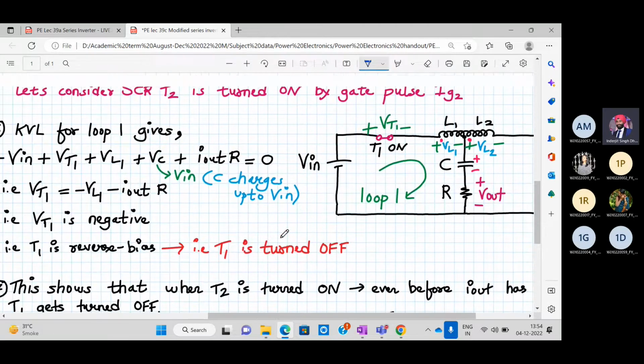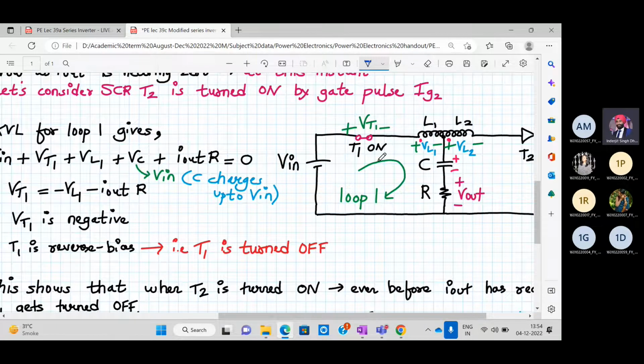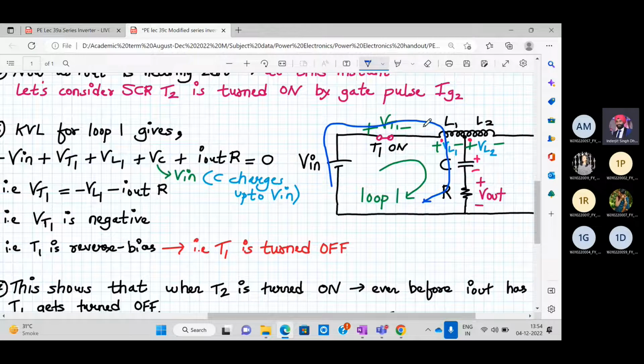Now let us apply KVL. Let us calculate the VT1 voltage at this instant when T2 is turned on. In this loop, going to the right, you will have minus V in plus VT1 plus VL1 plus VC plus I out into R equal to 0. Now your capacitor voltage is charged up to V in, so V in and V in cancel out.